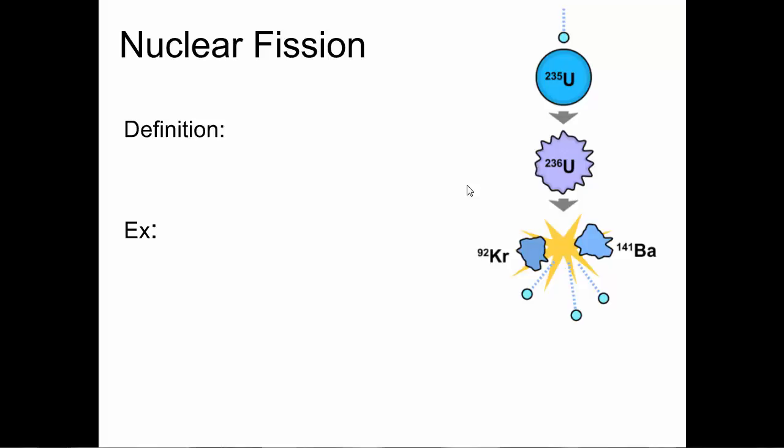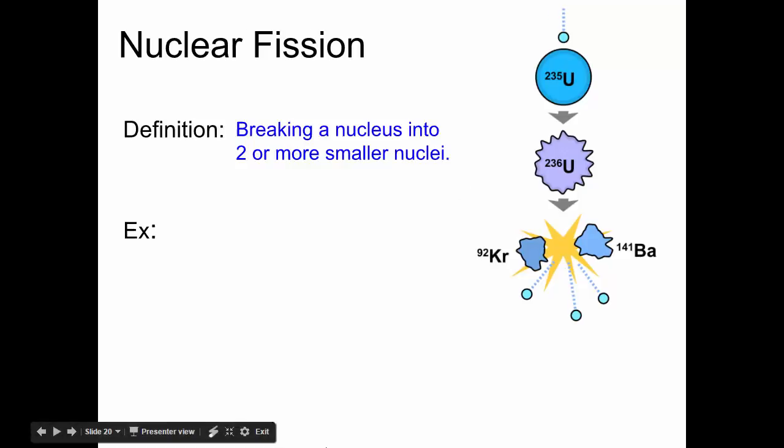Okay? And so in this diagram, what you see is uranium-235, a large, heavy atom, being impacted here by a neutron. And in the process, transmutating quickly into uranium-236, which then quickly decays into krypton and barium, and in the process releases 3 more additional neutrons.